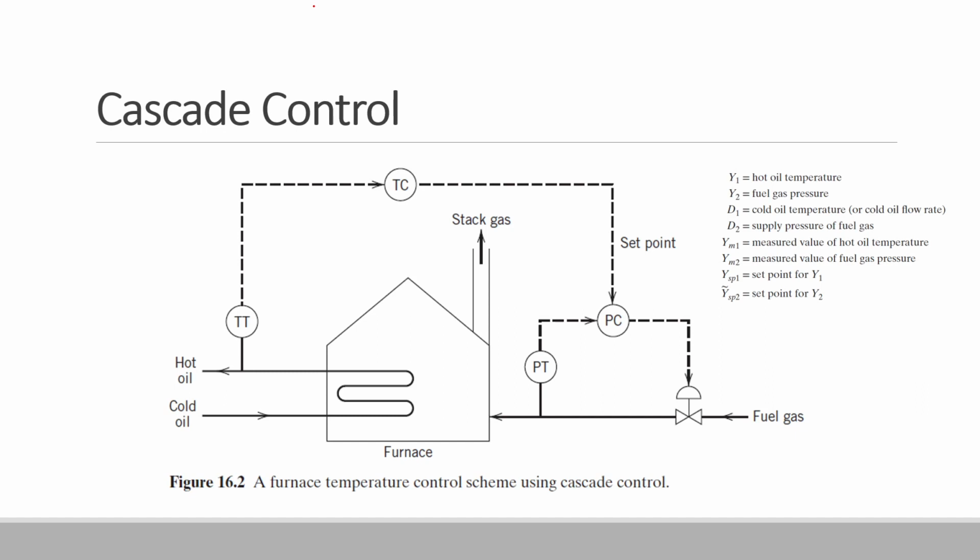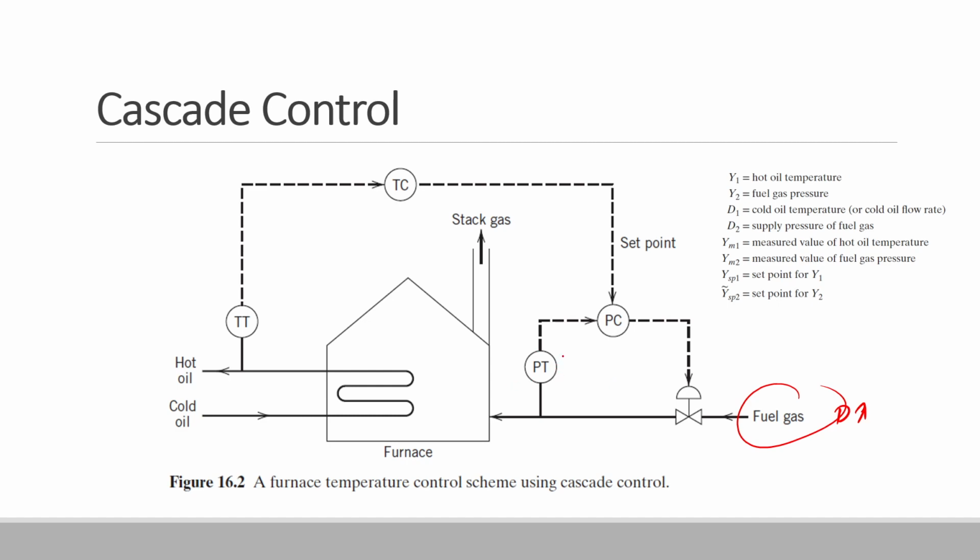So over here what we are doing is using this additional control loop, whereby we will measure the pressure after the valve, such that if there is any disturbance in this system, the pressure will increase, and then the pressure transmitter will monitor the pressure.